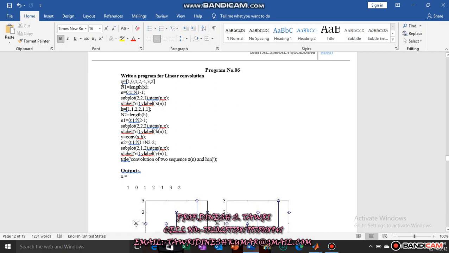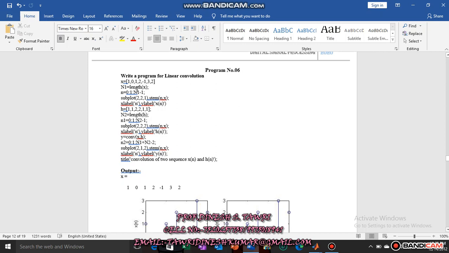x is equal to, in square bracket, the sequence 1, 0, 1, 2, -1, 3, 2, square bracket complete. Now how many samples are there in this sequence? There are 5 samples.